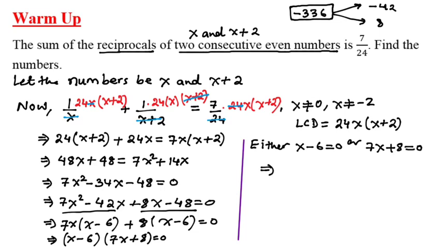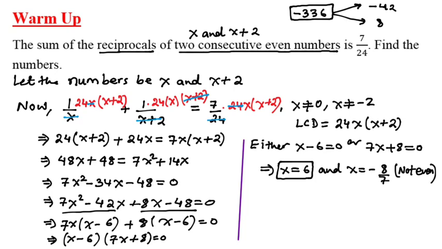From the first we get x equal to 6, which is the even number we are looking for. And in the second we get x equal to negative 8 over 7, and this is not even, so that is not something we are looking for. So the only answer that we get is x equal to 6.